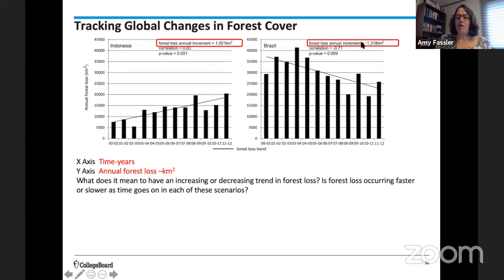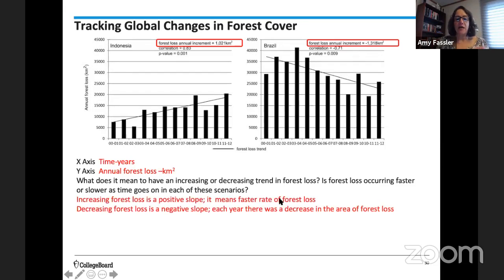In Brazil, it's a negative slope to my line. I can see it's downward trending. In Brazil, my annual forest loss is negative 1,318 kilometers squared.